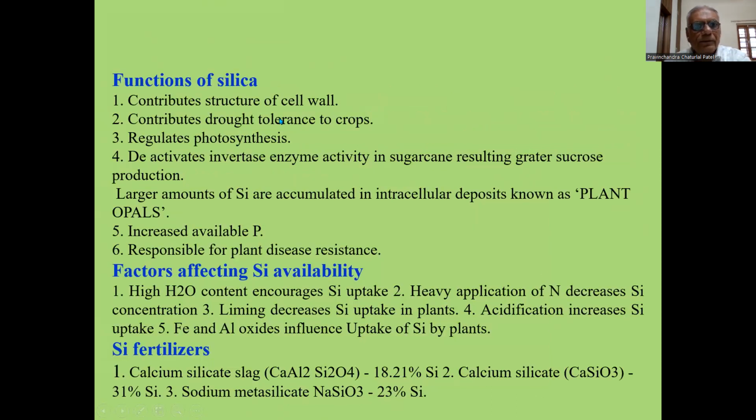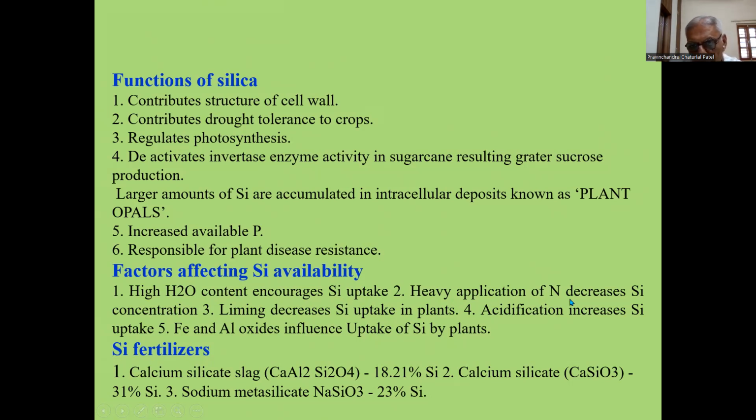Then function of silica: it contributes to the structure of the cell wall, contributes drought tolerance to crops, and regulates photosynthesis. Then factors affecting silica availability. Higher water content encourages silica uptake.